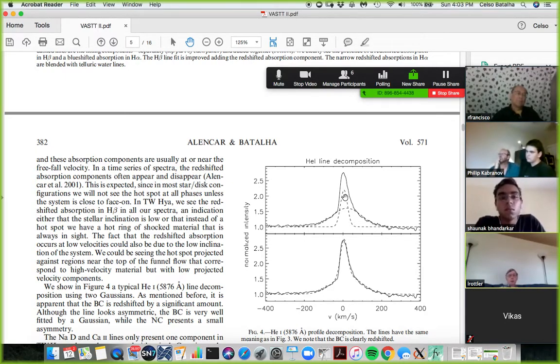Yeah, or it could be formed in a hot spot because you have hot gas and you have dense regions. It does.